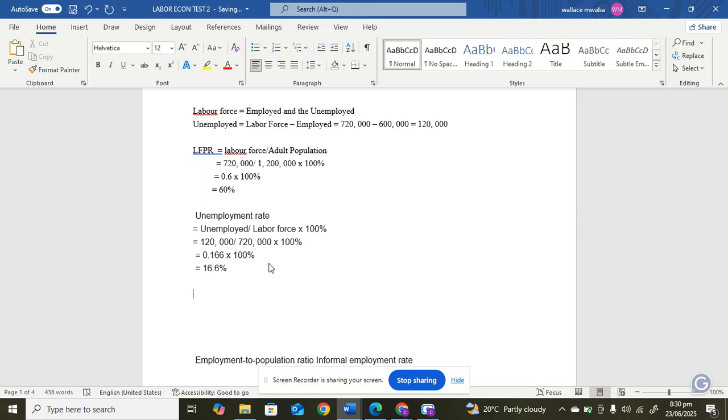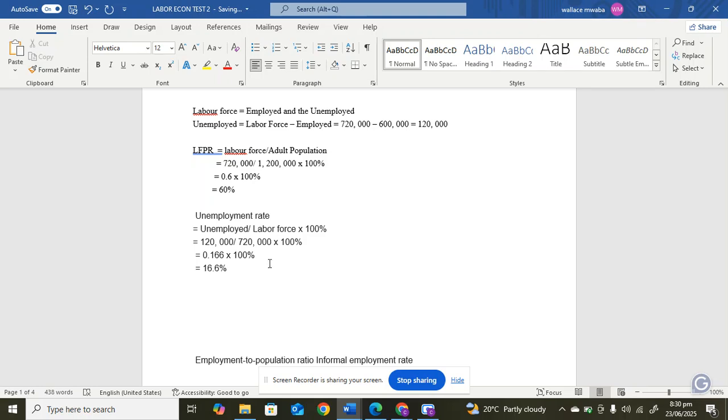Okay, now we go to the employment to population ratio. This one basically asks, out of the adult population, what percentage are employed? You can express it as a ratio, 1 to something, or you can also express it as a percentage.